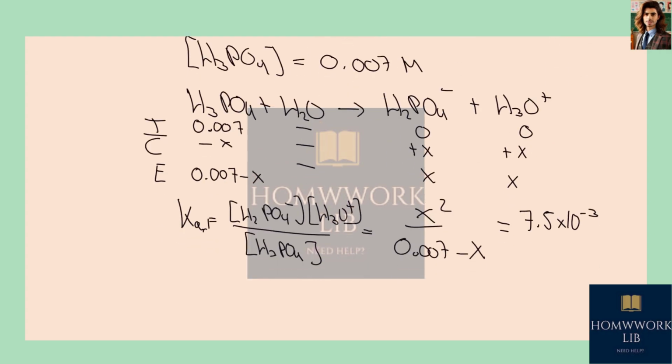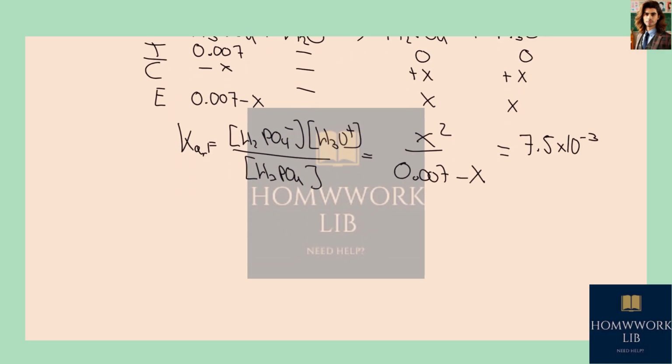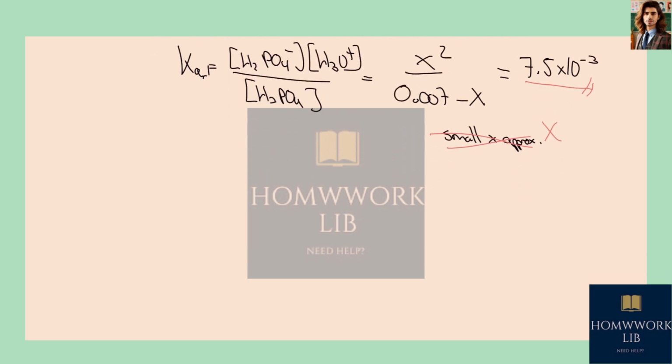So in this case, it is not going to be sensible to do the approximation that we usually use in chemistry whenever we're dealing with acid-base equilibrium, which is the small x approximation. In this case, it's not valid because the value for the equilibrium constant is not small enough for us to give a correct result. So we are going to need to solve the full quadratic expression.